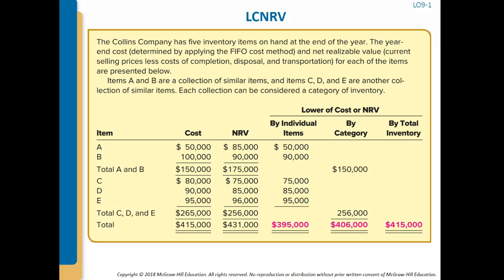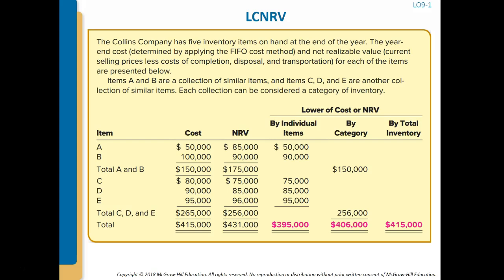For the second category, items C, D, and E, the combined NRV of $256,000 is lower than the combined cost of $265,000. So we report the second inventory group at its NRV of $256,000. We report inventory at $406,000, which is the $150,000 plus the $256,000.